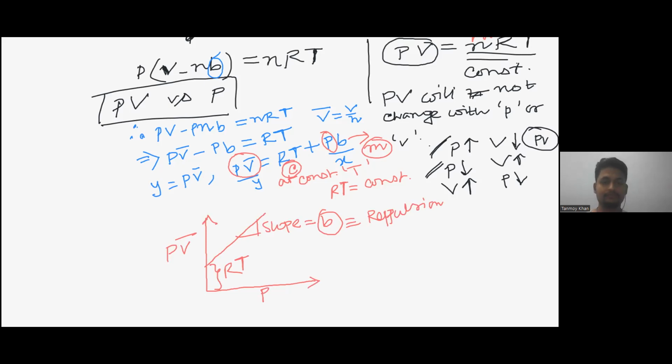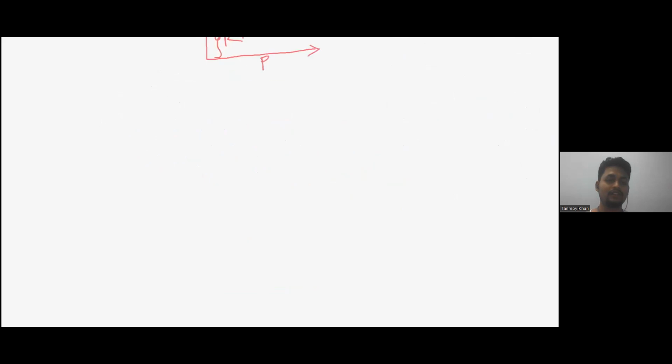On the gas as well, you know the compressibility factor Z. What does Z mean? Z means V bar real divided by V bar ideal. So you can think like this for the last equation, RT plus bP.